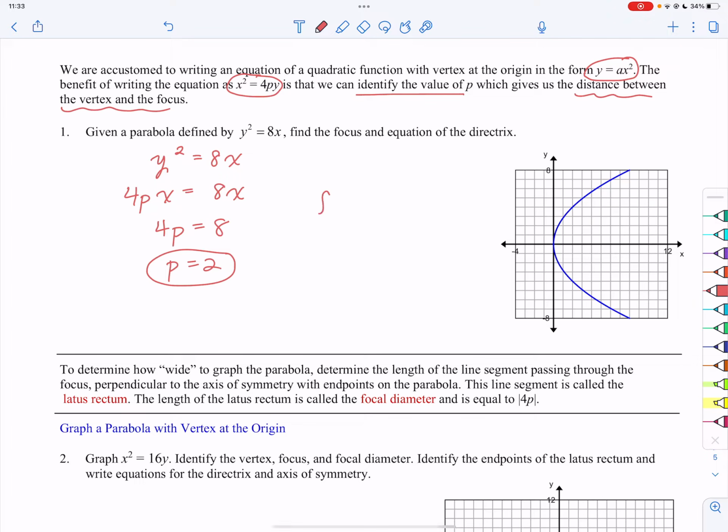So our focus is (2, 0), and as you can see, our directrix is x equals -2. So let's take a look over here. We have our focus here at (2, 0), and then here we have at (-2, 0) our directrix passing through that point.